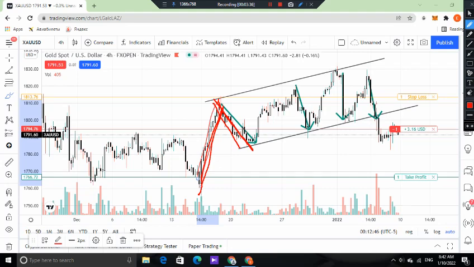If you consider its top and the end of this correction specifically, you will realize how deep it is compared to this major leg.